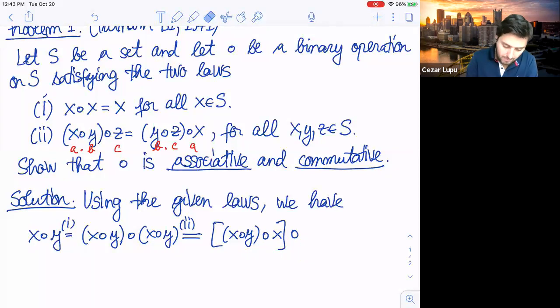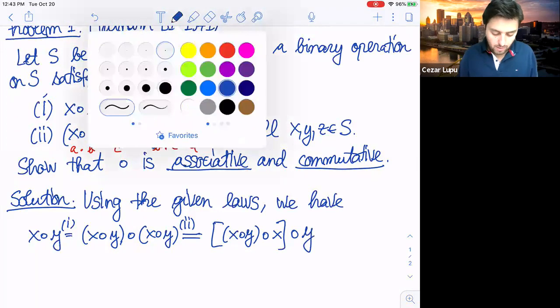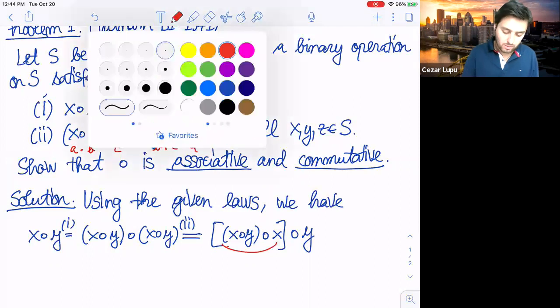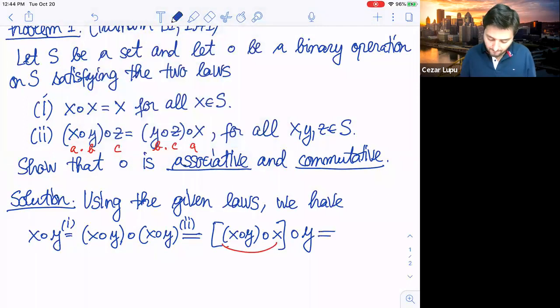That was a tricky part, right? But now what I'm going to do, if I want to apply operation 2 again, is do it here inside. So again, I want to apply 2. And once we do this inside, what are we going to get?